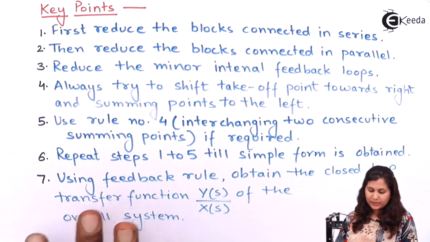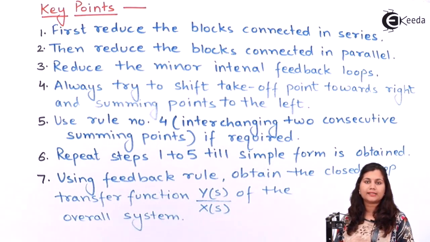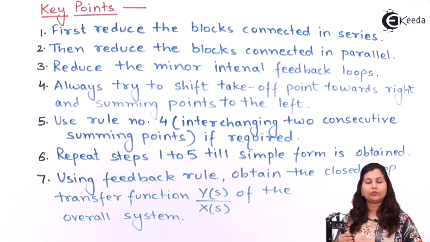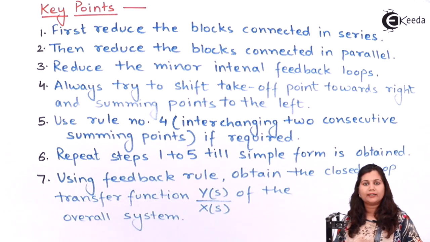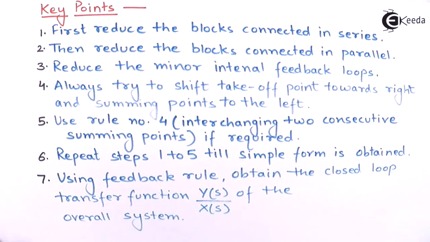Now the sixth point is that repeat these steps 1 to 5 till you get the simple form of the block diagram. Apply all the rules step by step until you get the simple form. And the last step is use the feedback rule and obtain the closed loop transfer function Ys by Xs of the overall system.